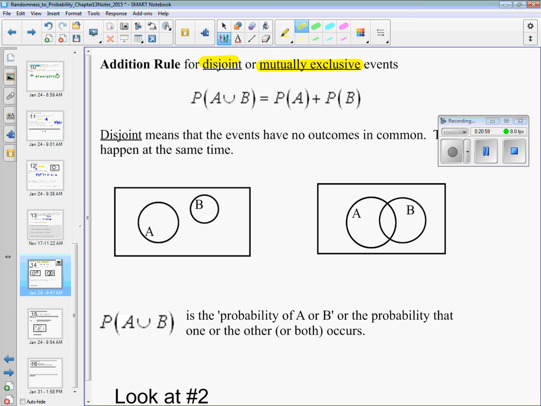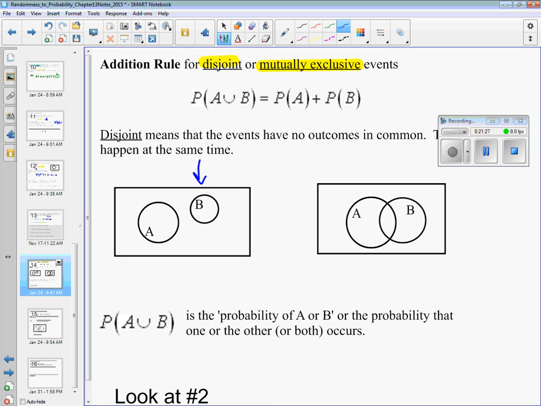You need to know what they both are. So if you think about our car example, what was the second question? Made in Japan or Germany. Can you be made both in Japan and Germany? No. So that means that they are disjoint or mutually exclusive events.